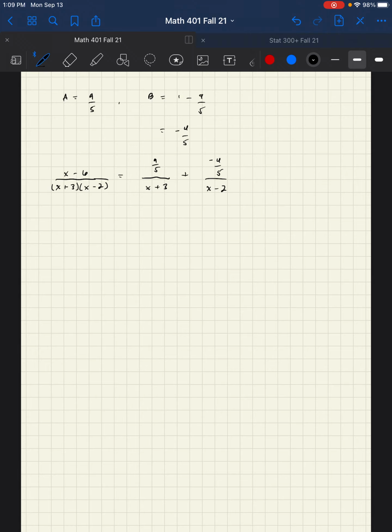Okay, not bad. And you can write this more simply as 9/5 times 1 over x plus 3 minus 4/5 times 1 over x minus 2. All right, so that really is the decomposition. This solves that task.